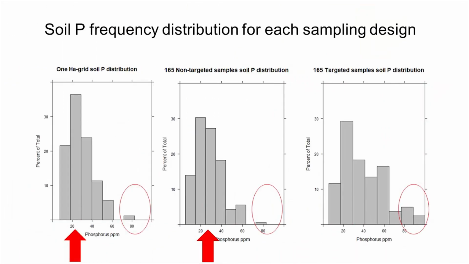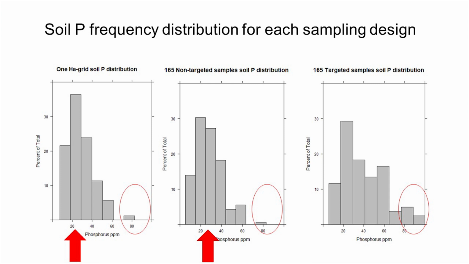Now, if we look at a more intensive grid-based sampling, so 165 samples, but still with that gridded arrangement, we don't do that much better. We're still missing those high P values, so they're just completely absent from the sample set. And then on the very far end in this panel, what you can see are the distributions for the targeted samples.